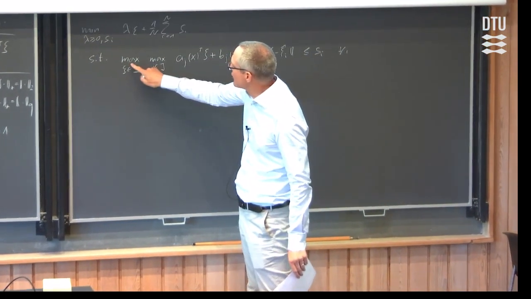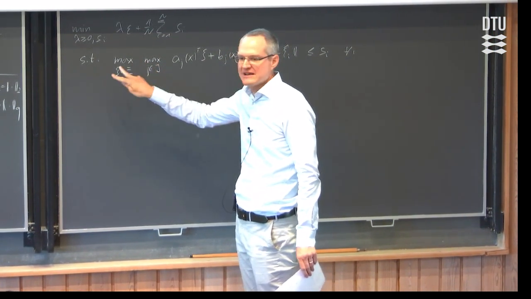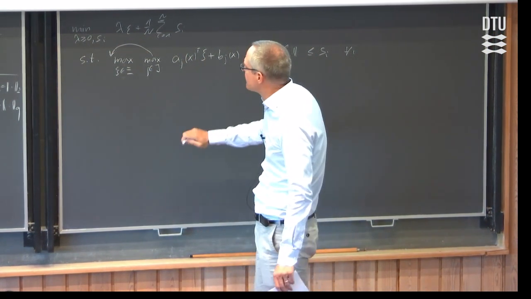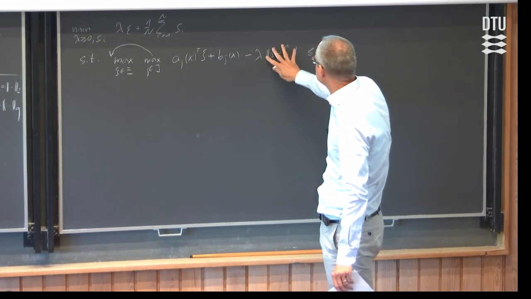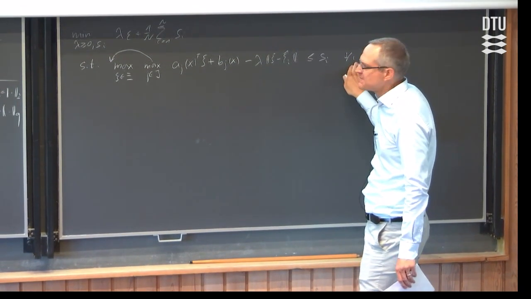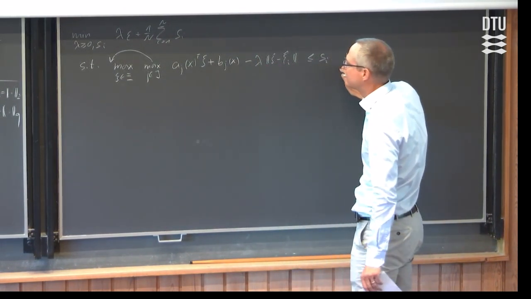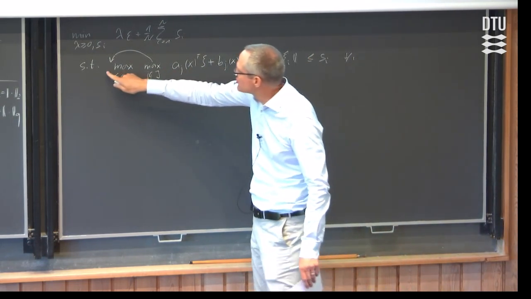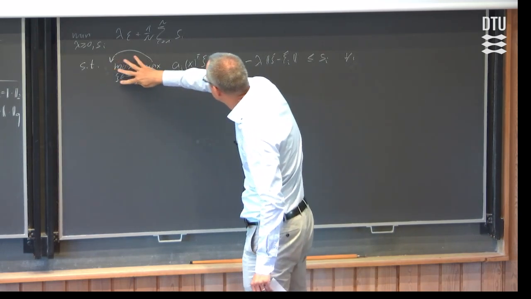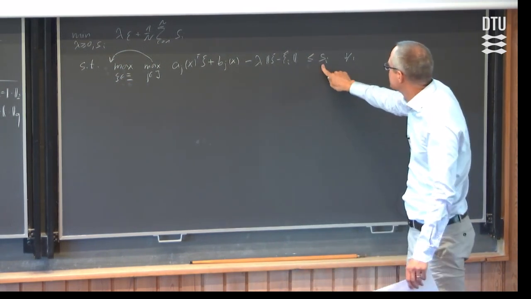Now I have a maximum over xi and a maximum over j, and we said before that the order of maximum doesn't matter, so I can move that thing out. But then I have that the maximum of something is smaller or equal to s_i for every i. And that's the same as saying that whatever is here is smaller or equal to s_i. Sorry, the maximum over j of this expression, which is a maximum over xi itself, is smaller or equal to s_i for every i.